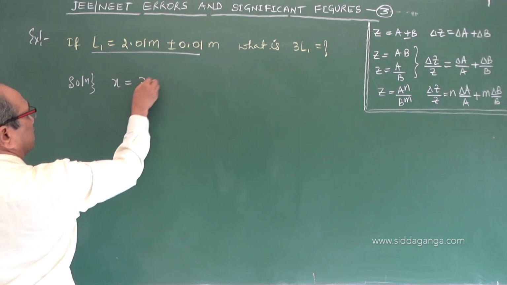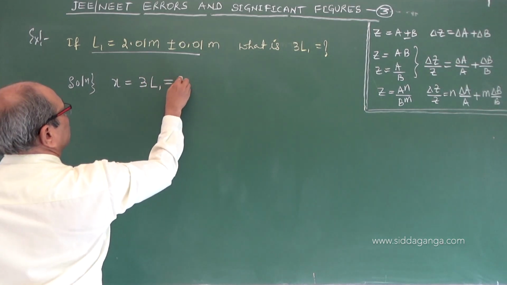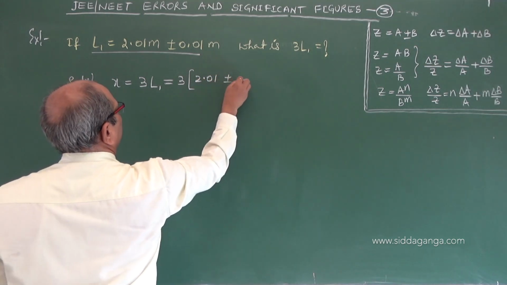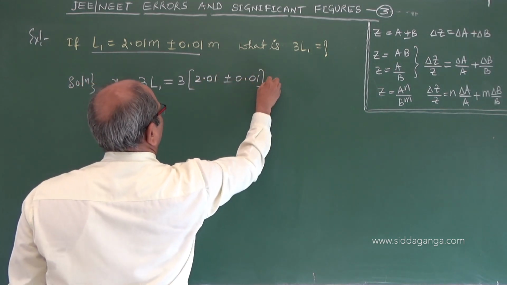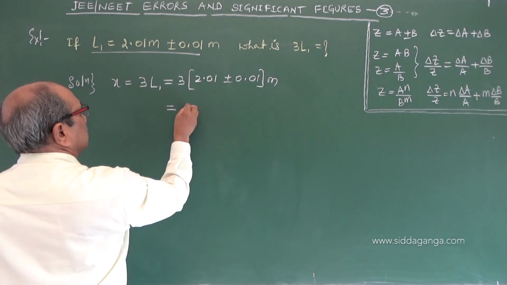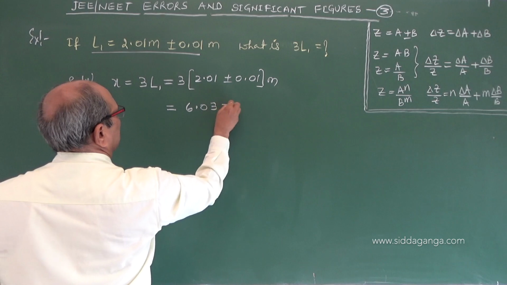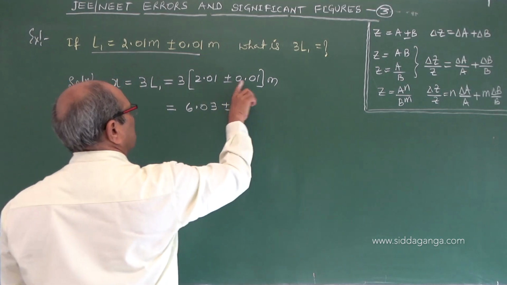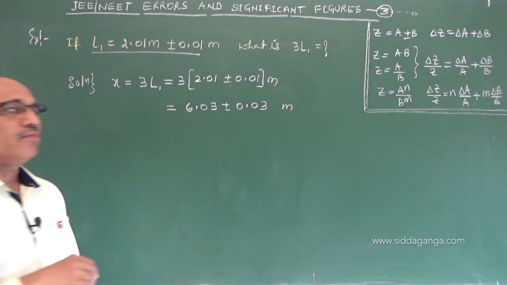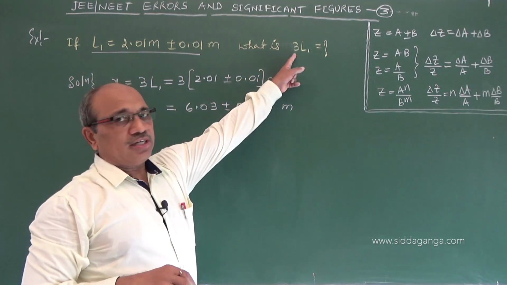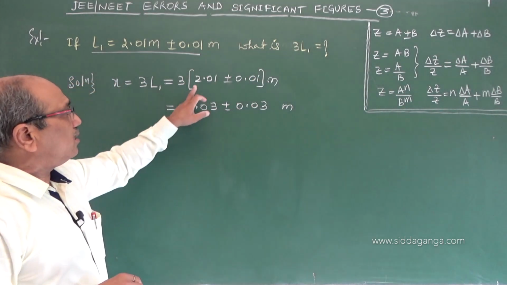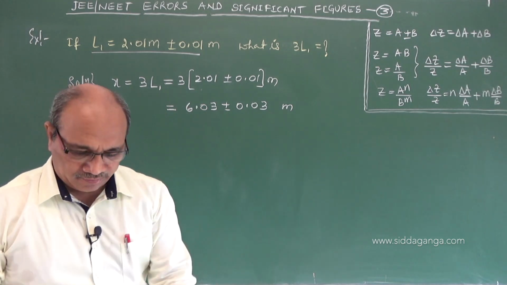If you take 3L1, 3 into L1, 2.01 plus or minus 0.01 meter. It propagates to both. So 6.03 plus or minus 3 into 0.01, which is 0.03 meter. So remember, multiplying by 3L means it multiplies for both. Error is also multiplied and value is also multiplied.